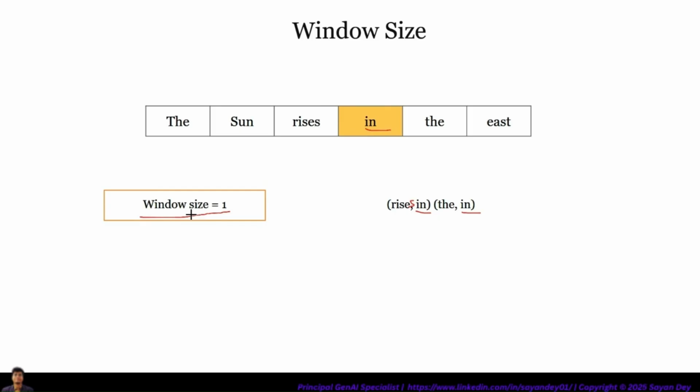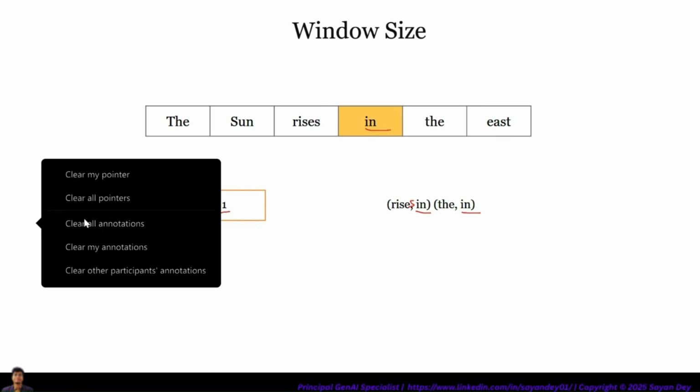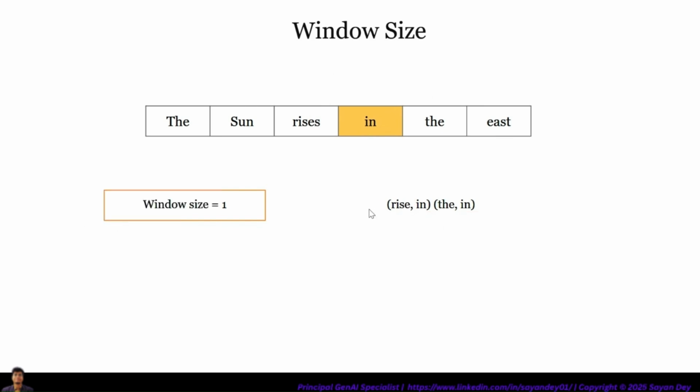You can say window size equal to 1, and you can use a particular window size to determine the context. That's the idea. So we can use window size equal to 1 to see which word is to the left of in and which word is to the right of in. So that is the context of using the window size.